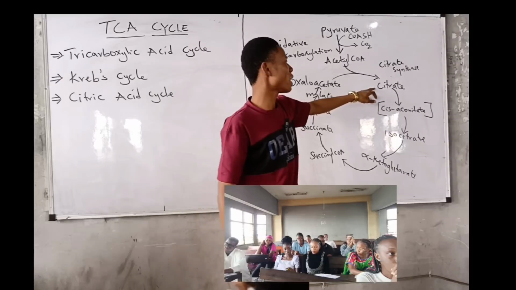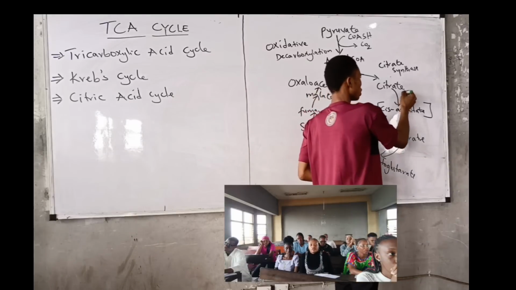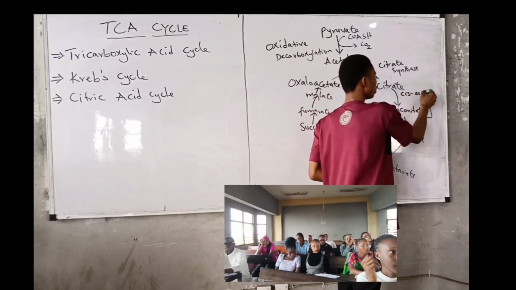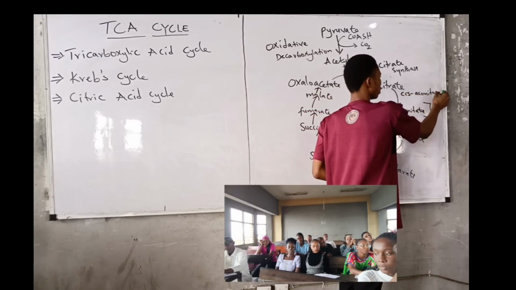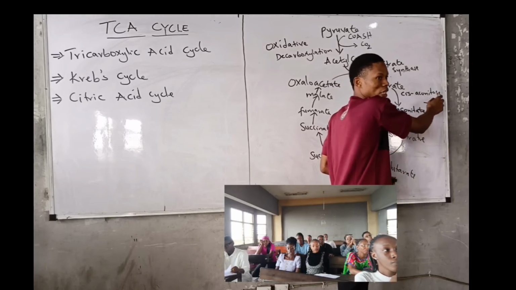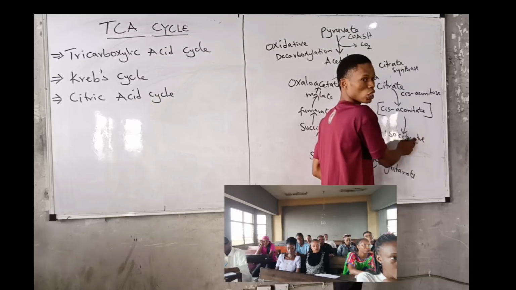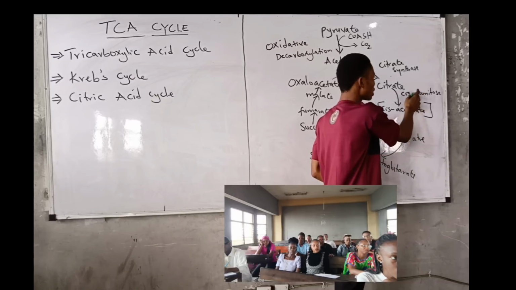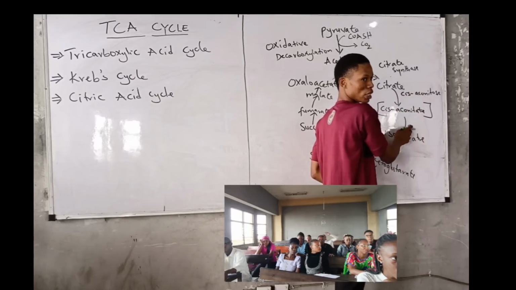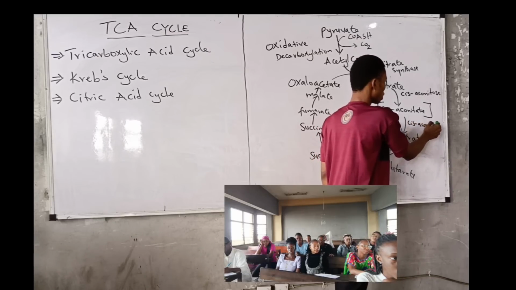Now the enzyme catalyzing from citrate to cis-aconitate is called what? Cis what? Aconitase. Notice that the name of the enzyme ends with ase. Now the same enzyme is catalyzing this reaction. So this aconitase is catalyzing this and this.